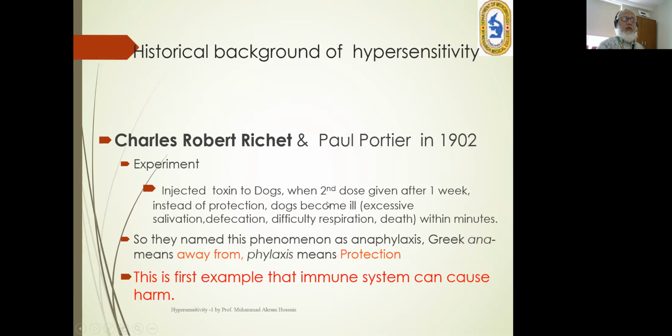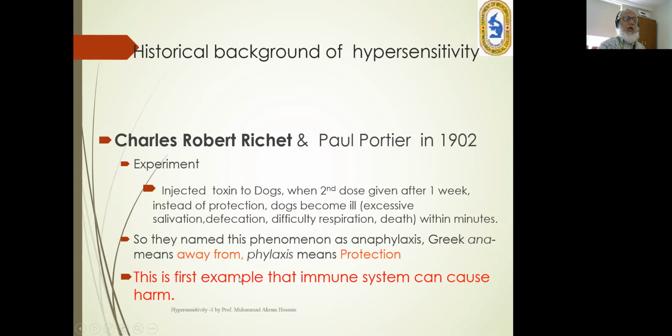And when a second dose was given after 1 week, instead of protection, the dogs became ill. Excessive salivation, defecation, difficulty of respiration within minutes. So this is an exception to prophylaxis. Prophylaxis means protection. So they named this phenomenon anaphylaxis.